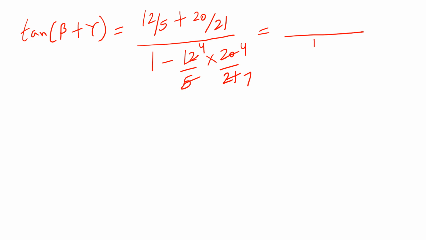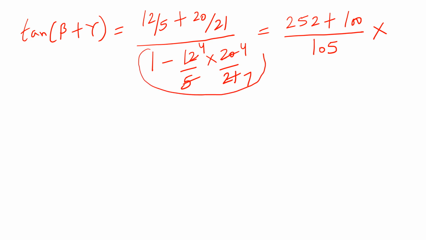In the denominator we get 105, and this is in the numerator 12 into 21. So this becomes 210 plus 42, which is 252. Then we have plus 100, and into, in the denominator we have 1 minus 16 upon 7.